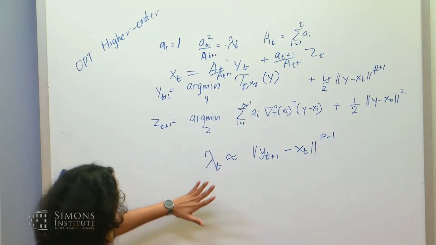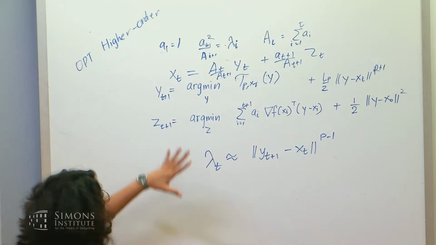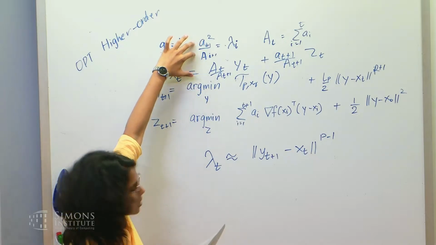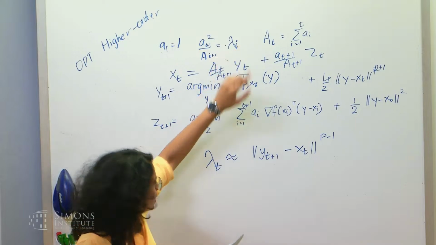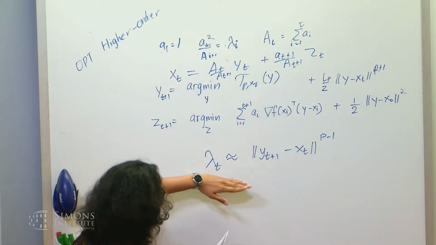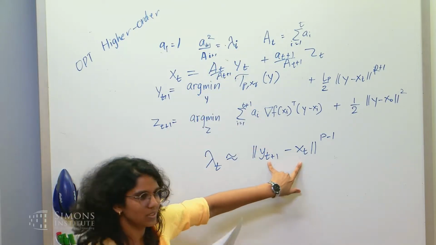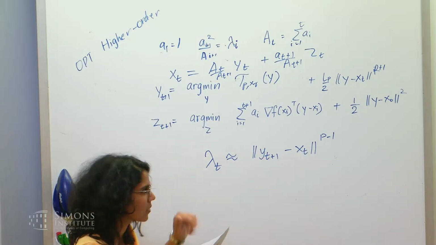So if we look at the algorithm, we're basically still working with these ratios, which change with iterates. And I want to say that this lambda is something like this.